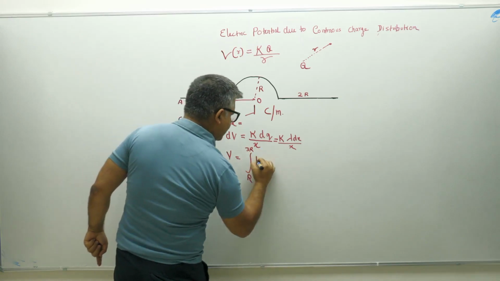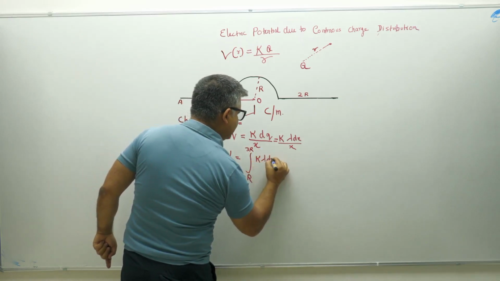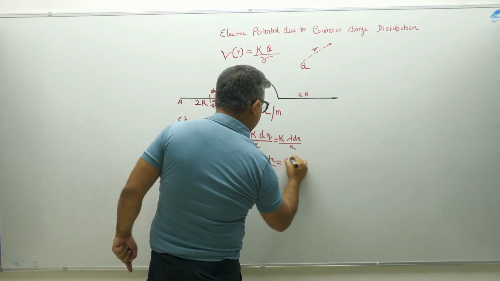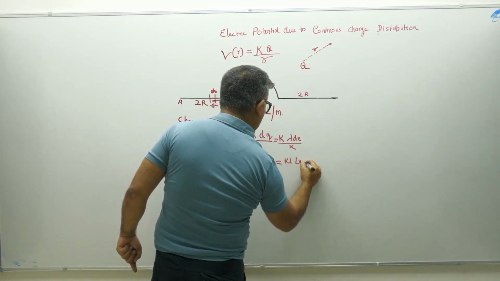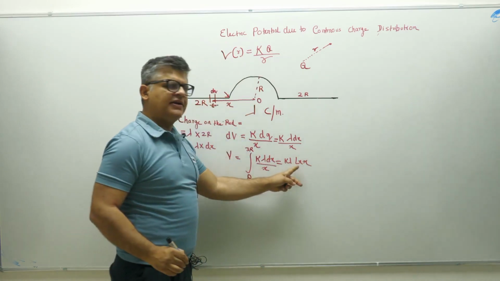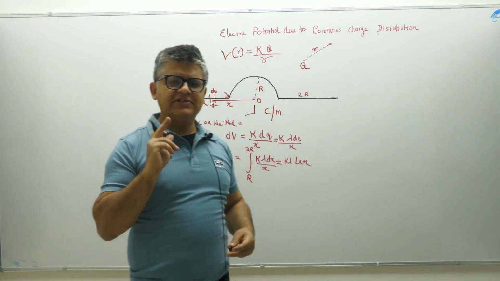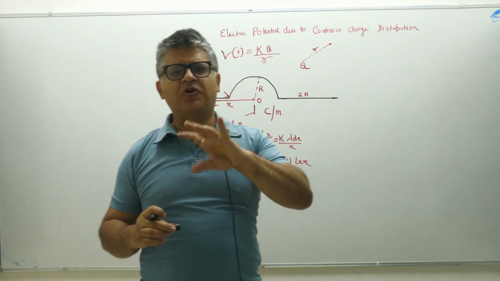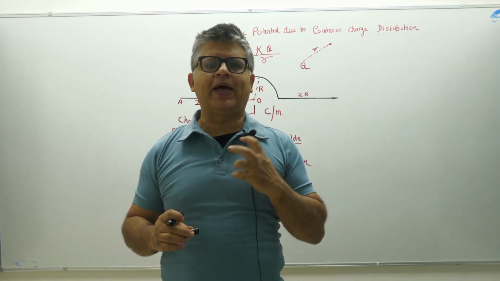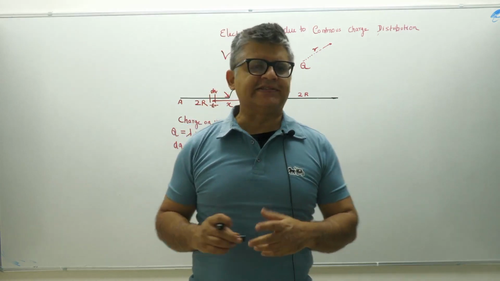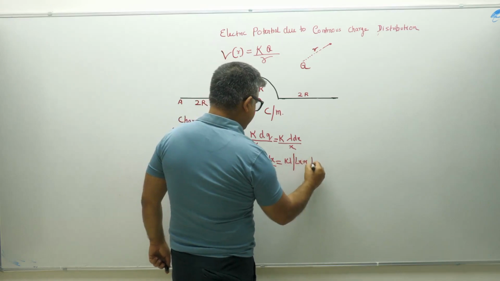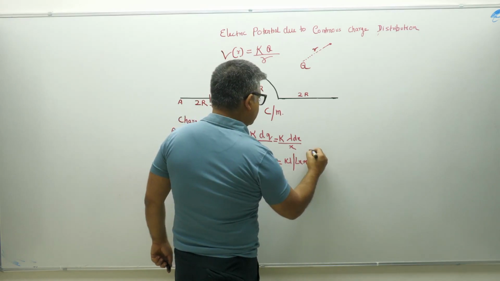So I'm going to write the integral of k lambda dx by x, which is k lambda natural log of x. I hope you understand logs. I have a video on this playlist that explains the properties of the log, because if you have good maths, it's easier for you to do the analysis part of the physics. All right, so this is k lambda log x, and this varies from r to 3r.